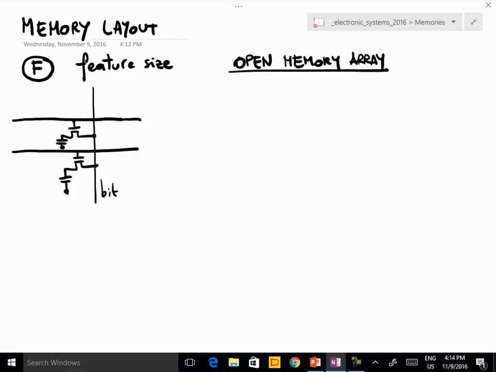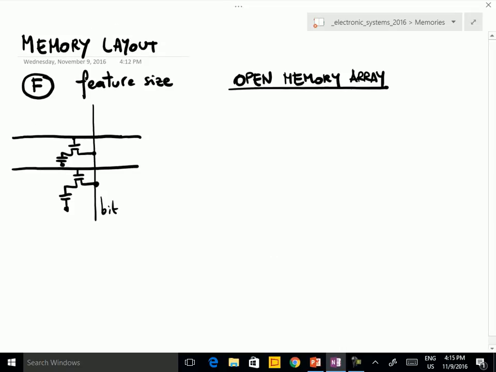Now, in order to save space, it can be more convenient to have only one contact from the transistors to the bit line.